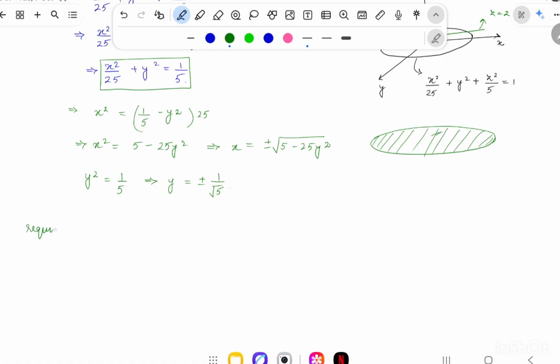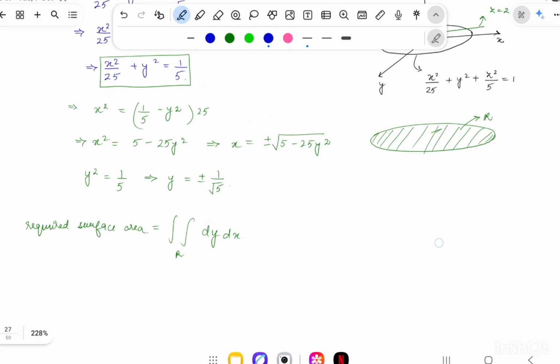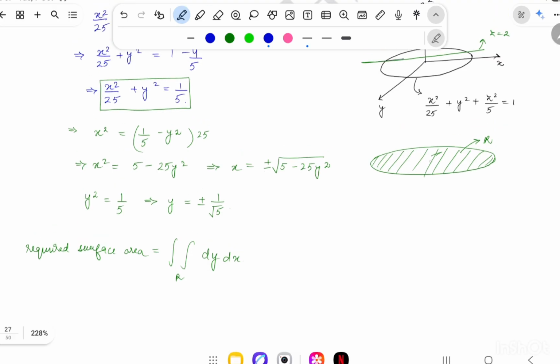So the required surface area will be the double integration, let's name this region R, double integration over R of dy dx. This basically gives us the surface area. Now we need to see the limits over which to evaluate it. Let's say this is our ellipse, this is the x-axis, and this is the y-axis.